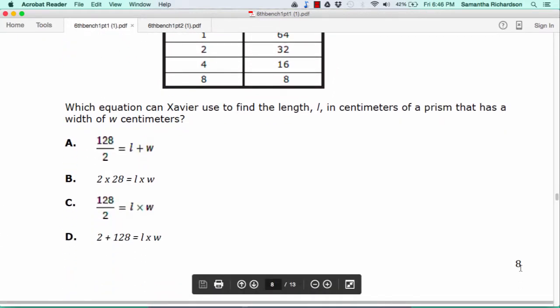A. 128 over 2 equals L plus W. B. 2 times 28 equals L times W. C. 128 over 2 equals L times W. D. 2 plus 128 equals L times W.